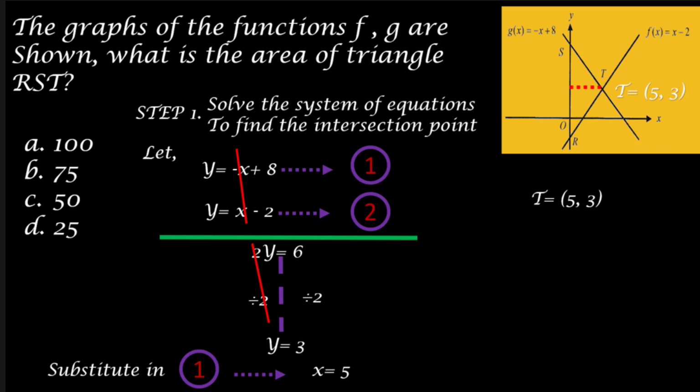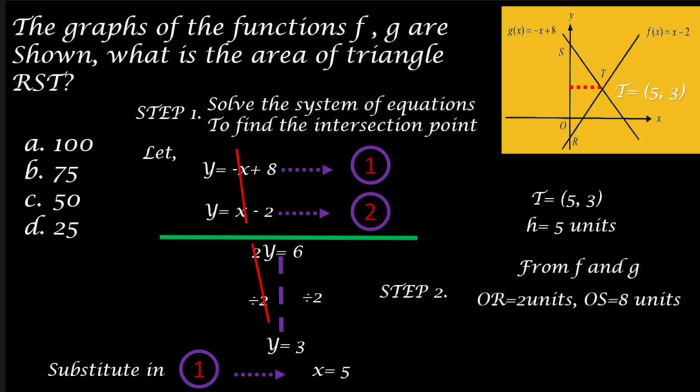Now the height is what, guys? Yes, the height is the x-coordinate, which is 5 units. Now from f and g we can deduce that OR equals 2 units. We studied before. And OS is 8 units.